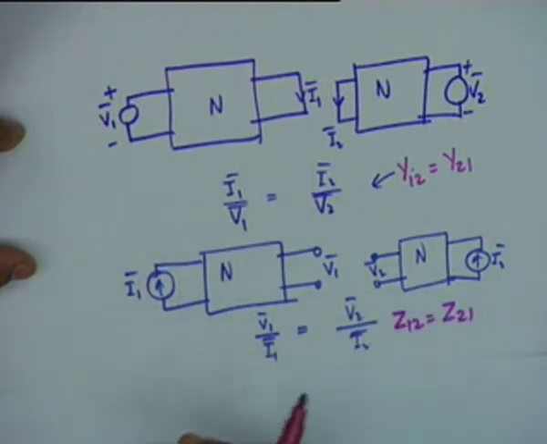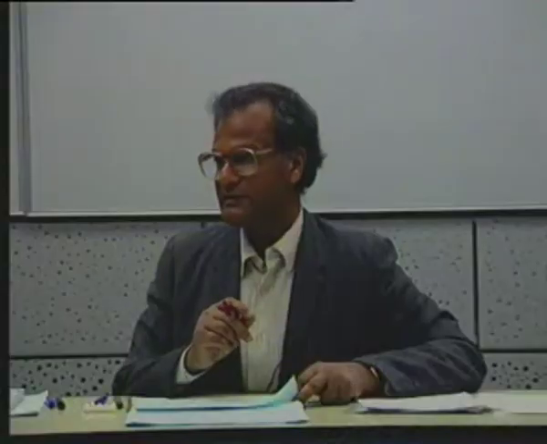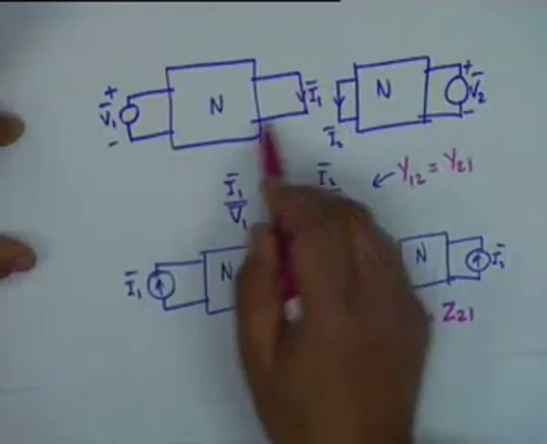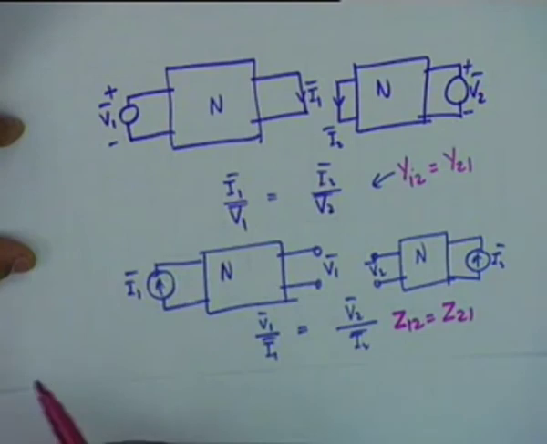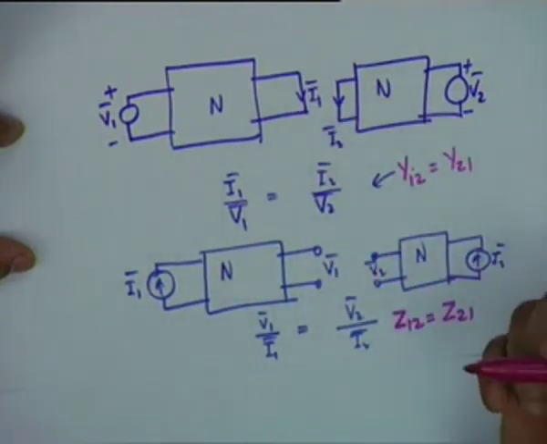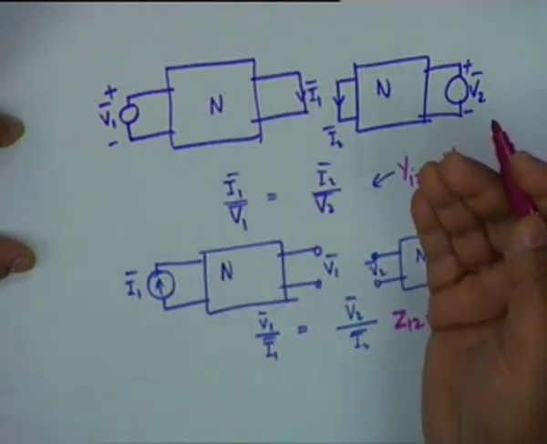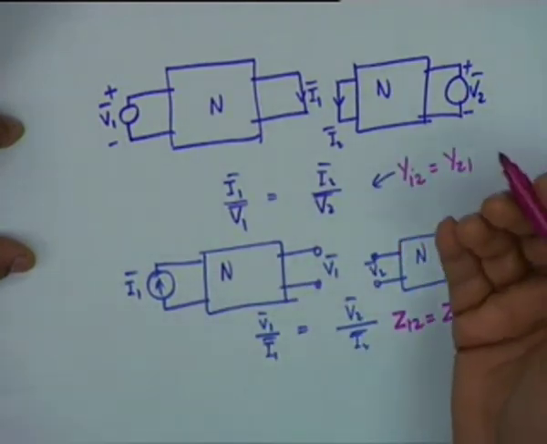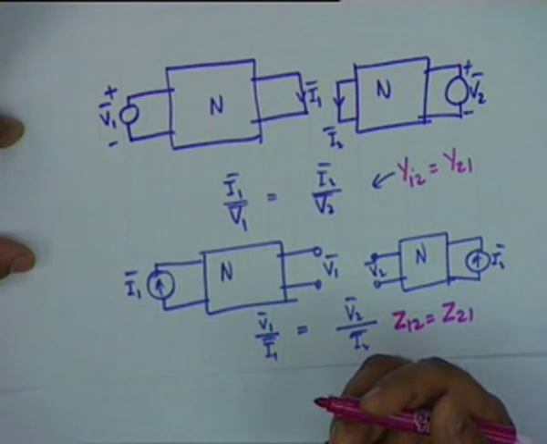What is the relationship between them? They are not simply the reciprocals of each other. Why? What is the reason? The reason is that the conditions here are quite different from the conditions here. There is a short circuit and there is an open circuit. They are dual situations, but the impedance and admittance are not reciprocals of each other.